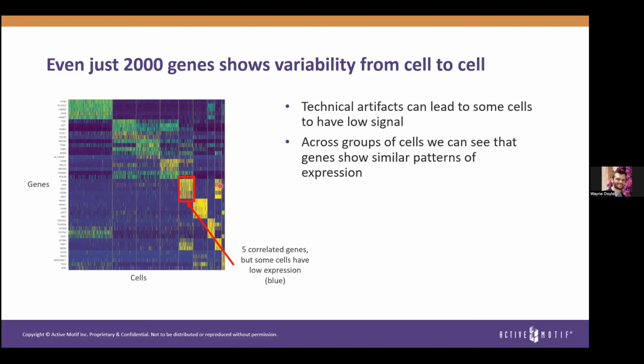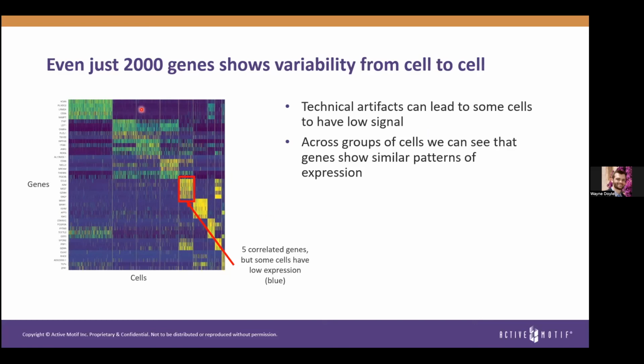You'll have cells that seem to be expressing similar patterns of gene expression, but then you'll see some of them have this blue color. That could be biological. It could also be something called a technical dropout. We just didn't happen to amplify that gene in that cell. So we want to avoid interpreting that too much in case it's coming from a technical artifact.